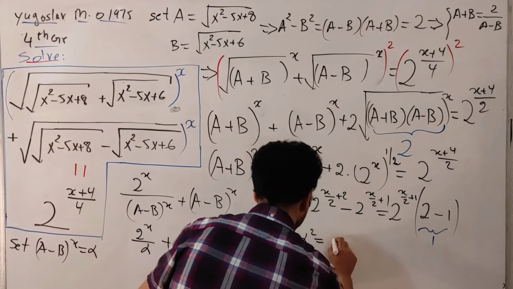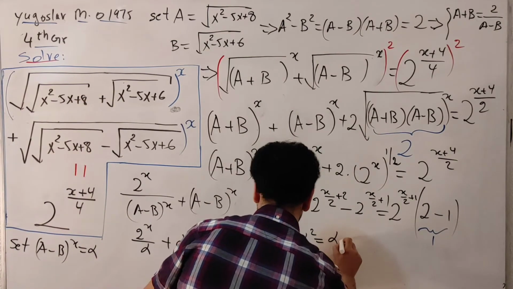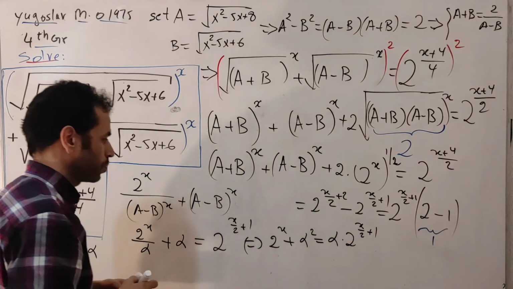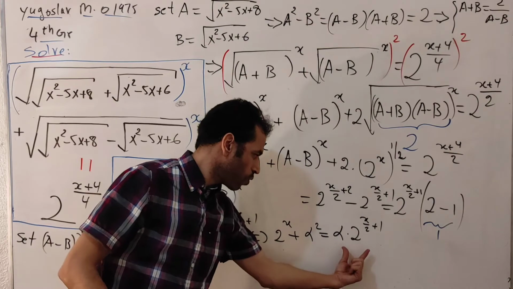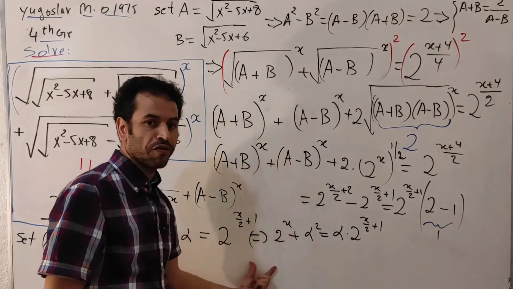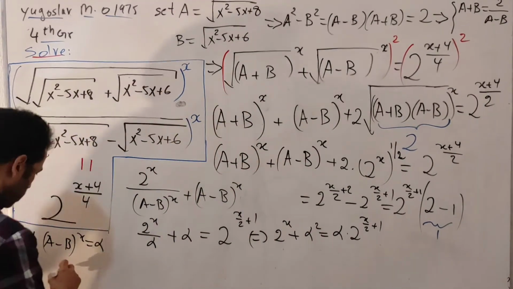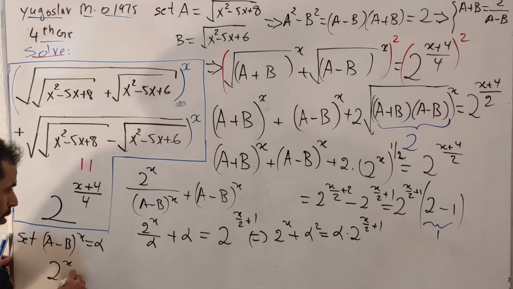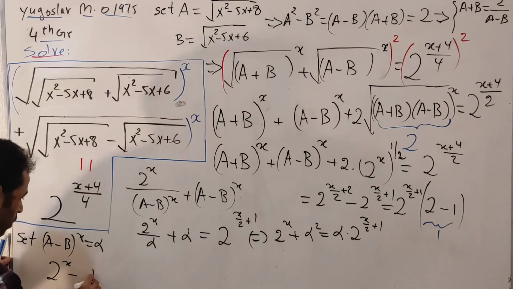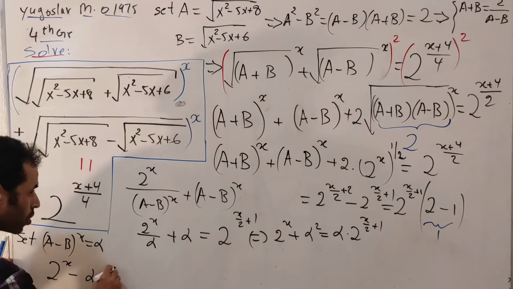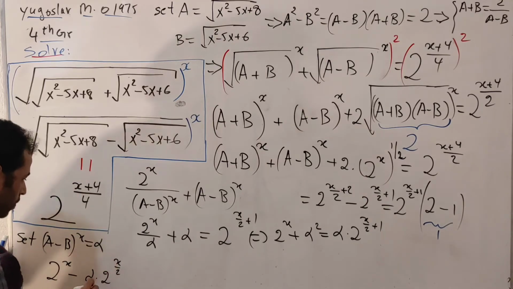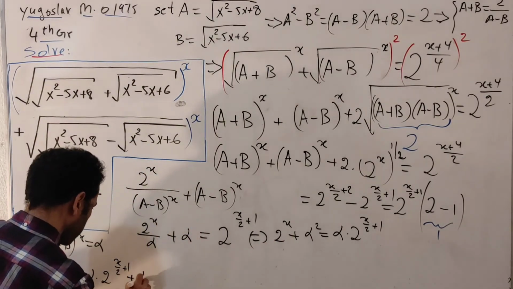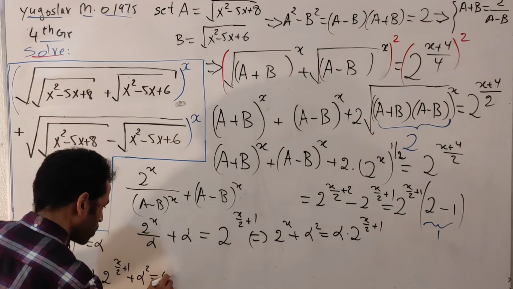I will get alpha multiplied by 2 to the x over 2 plus number 1. Then I'm going to move this term to the left hand side of this equation. I will get 2 to the x minus alpha multiplied by 2 to the x over 2 plus number 1 plus alpha square equals 0.